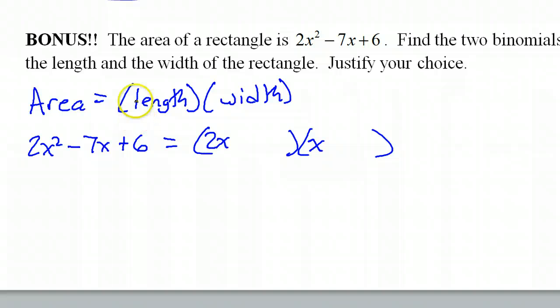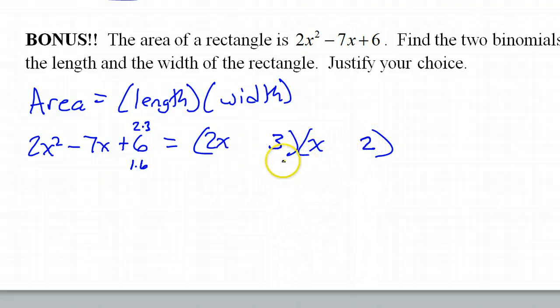And then 6 is either going to be 2 times 3 or 1 times 6. I'm going to go with the 2 and 3 first. I definitely won't put 2 here because that would make a common factor with this one, so I will try the 3, 2 option.